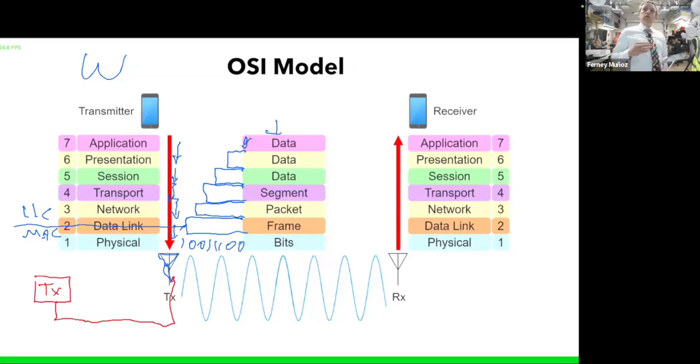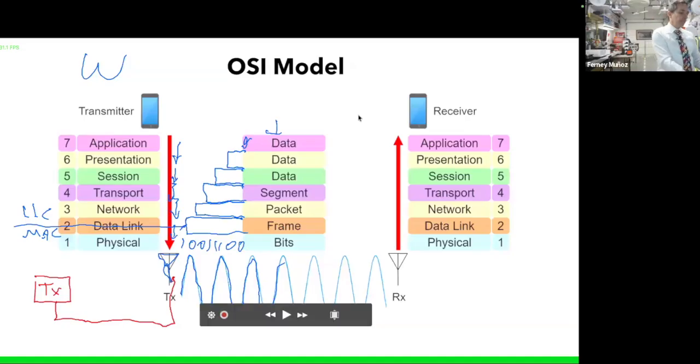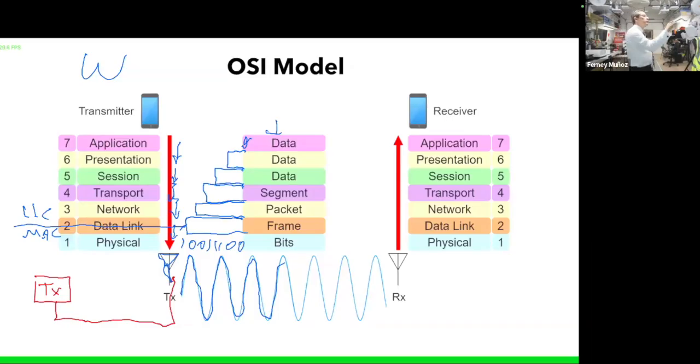Those electrons are going to flow back and forth really fast, and when those go up and down, then it's going to generate these electromagnetic fields going out, basically waves. Depending on the modulation, those waves are going to represent ones and zeros. So far so good?